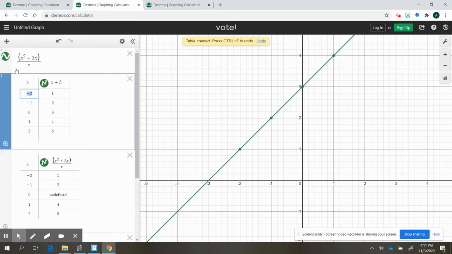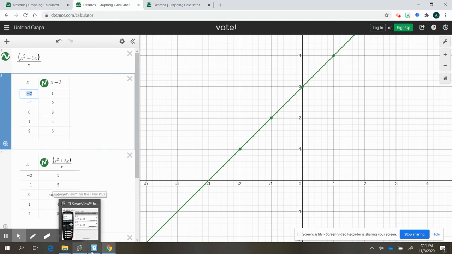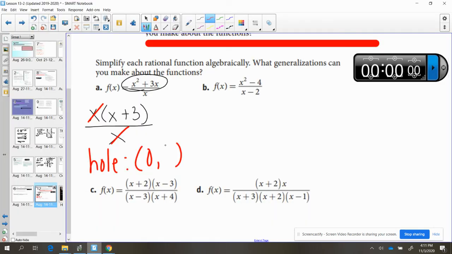So on our graph, we would put a hole here, an open circle. We know that hole is occurring at 0, 3 because of that. Okay? So to find your holes, you plug 0 back into the simplified value to get what the y value of the hole would be.